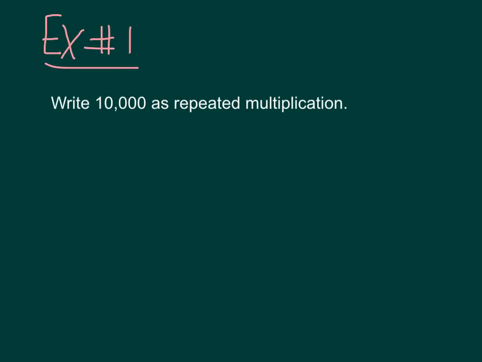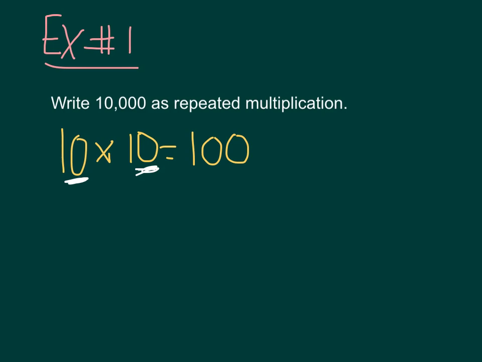Example 1, write 10,000 as repeated multiplication. If we write 10 times 10, we know that equals 100. Now here's a little trick. 10 times 10, there's a 1 and 2 zeros, so our answer needs to have 2 zeros.